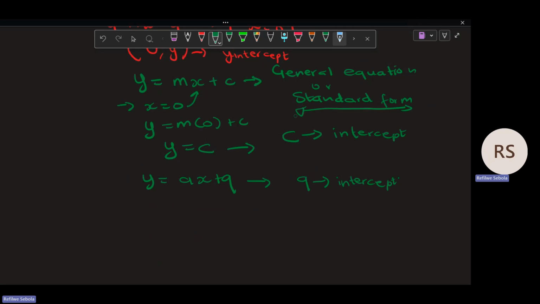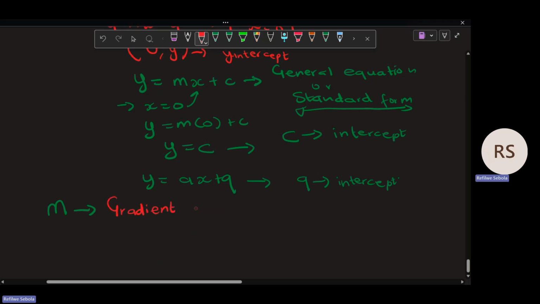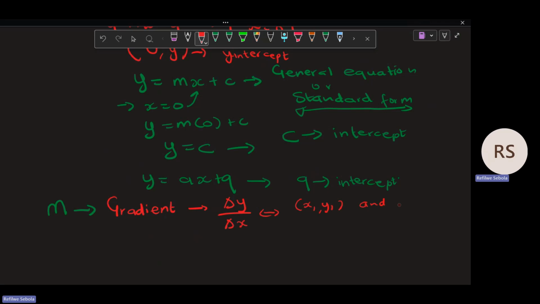Another thing that we can analyze from our equation is our m. Our m is the gradient, which can be given by change in y over change in x. So let us say we have x1, y1, and x2, y2.